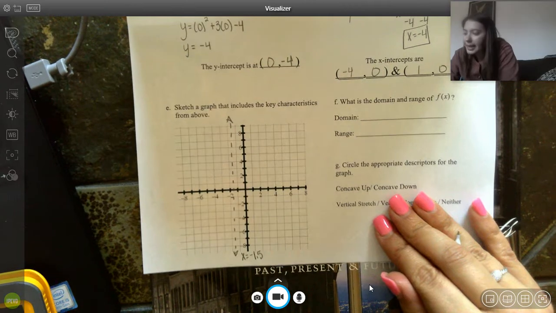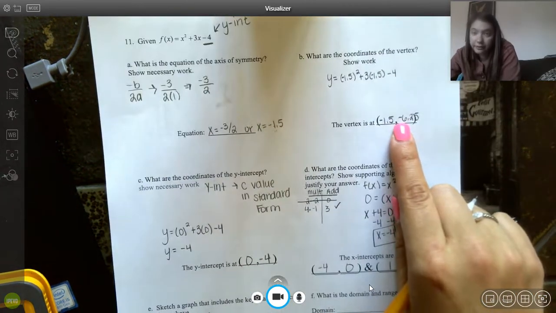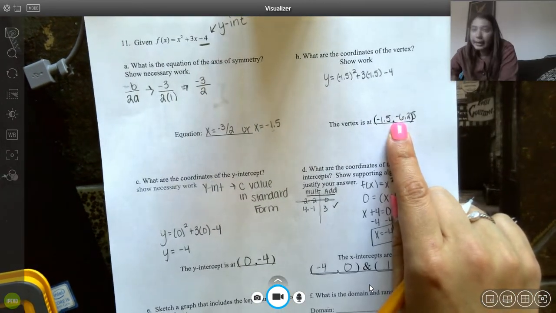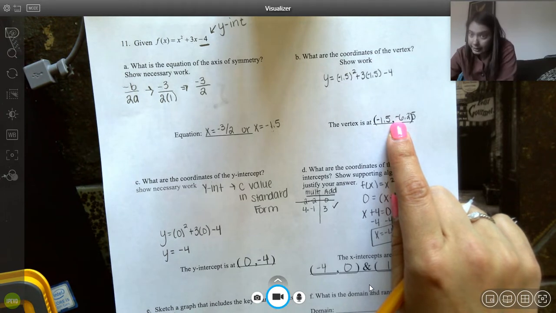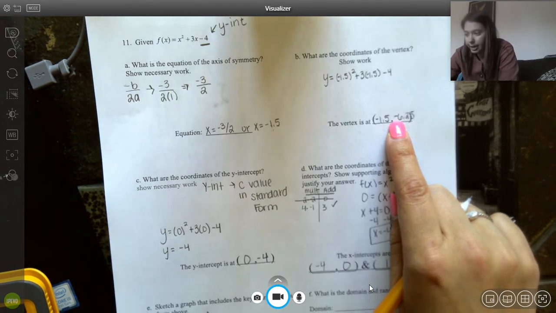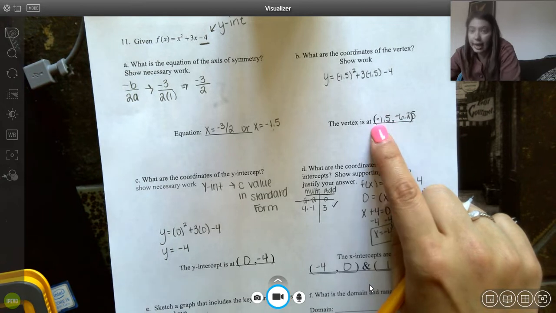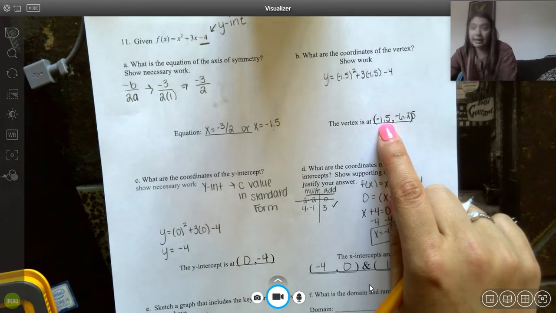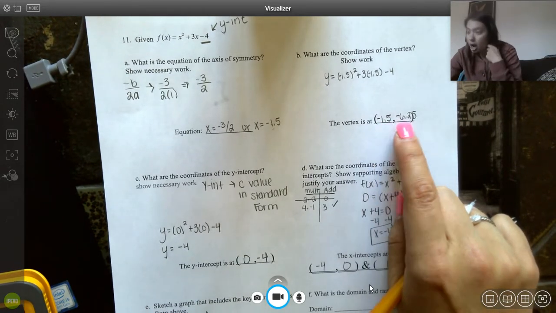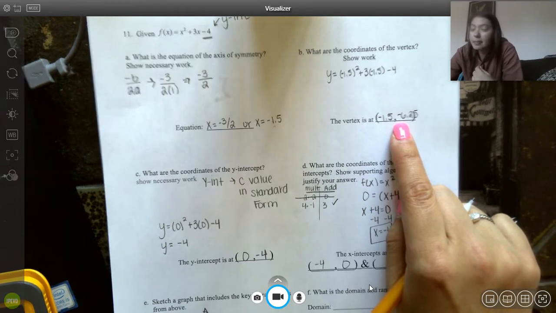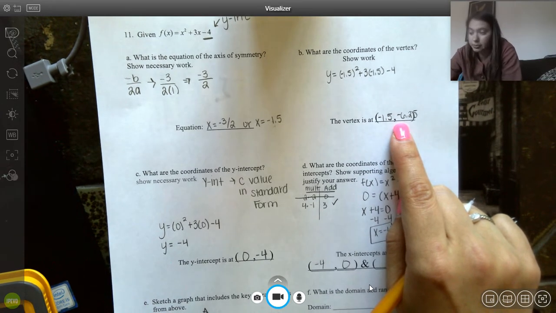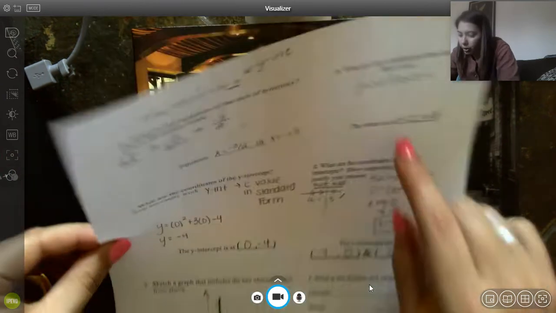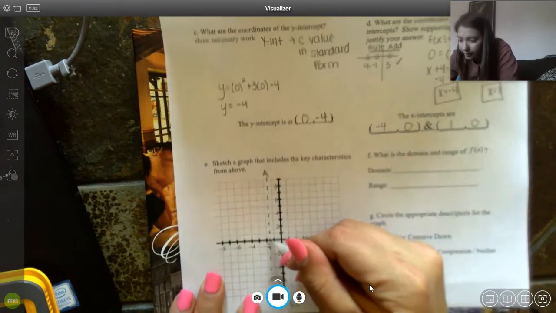Okay. Part B asks us for the coordinates of the vertex. Well, it's a little bit hard to graph something like this and plot this point, so we're just going to try our best here. We know that the vertex is going to lay where x is negative 1.5, so on that dashed line. And we know that the y value is going to be negative 6.25. So we're going to go ahead to where x is negative 1.5.